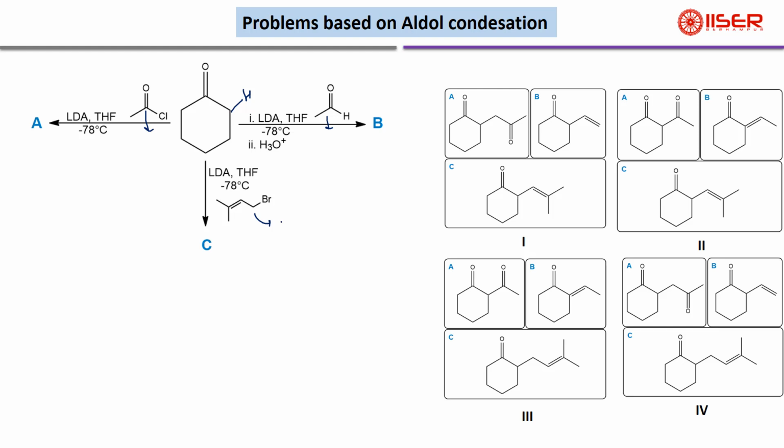So what will be our first step? First it will form this enolate. After that, it will react one by one. Suppose in case of A, it will react with this acyl chloride. So the product will be, it will simply attack and remove the chlorine atom.